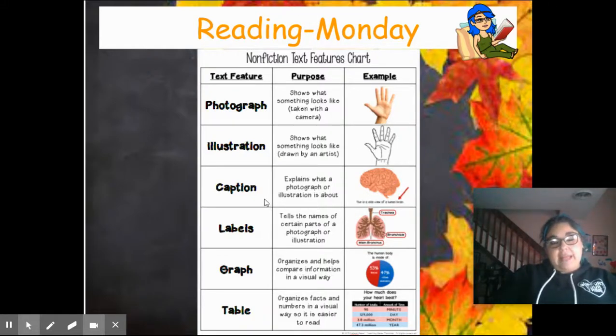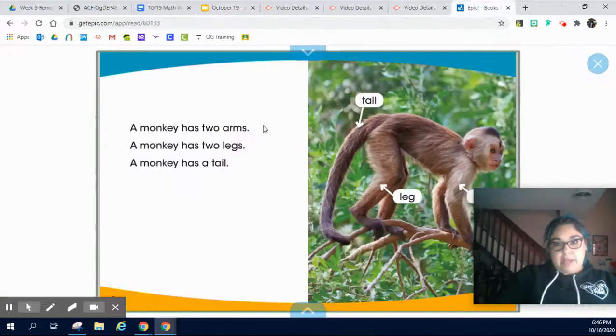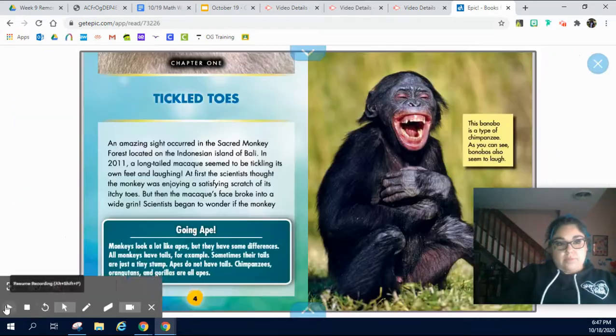All right, let's move on to captions. Captions, they explain what a photograph or illustration is about in our book. Sometimes they have this, sometimes they don't. Then we have, I don't think my book has it, but I will show you a book that does.